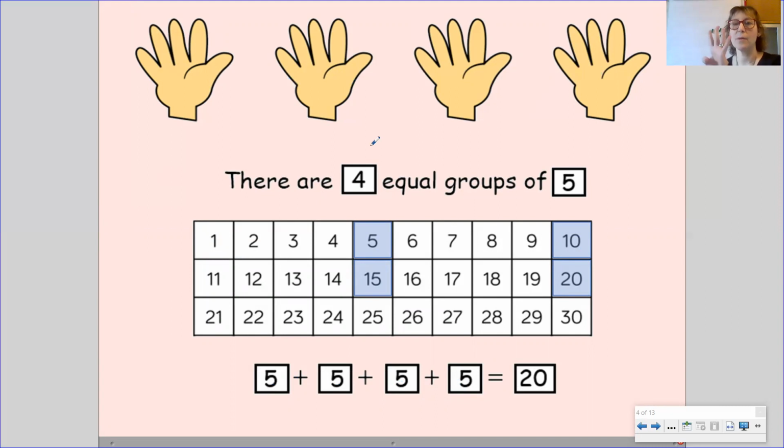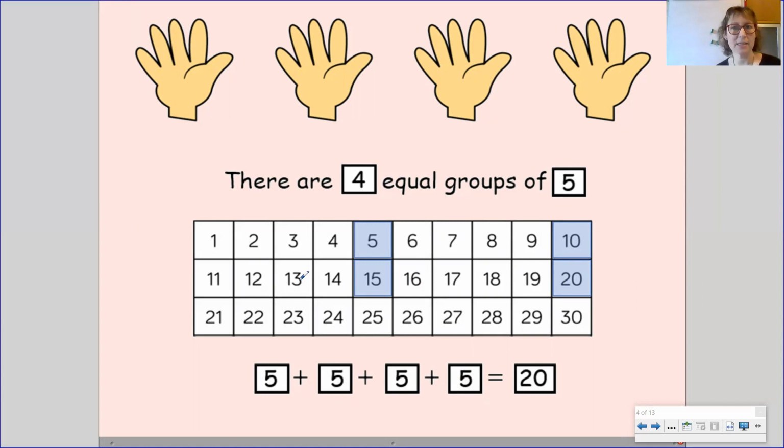4 groups. So again, I would prefer to use my fingers and go 5, 10, 15, 20. But you could use a 100 square or a number line and count along in your 5s. So you've got coloured in 4 numbers. So you do your ruler and you could count along 5, 10, 15, 20 and make sure you've done 4 jumps.